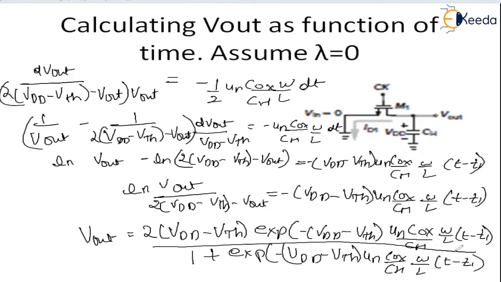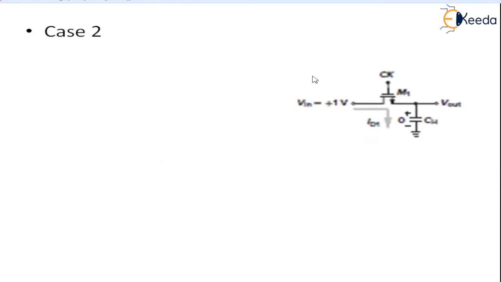In another case we will see how this Vout works. This is also the case we have taken when Vin is 1 volt, or we can say when Vin is VDD.